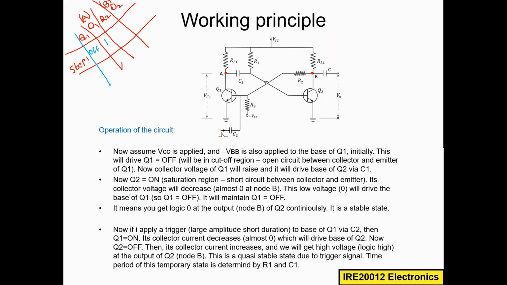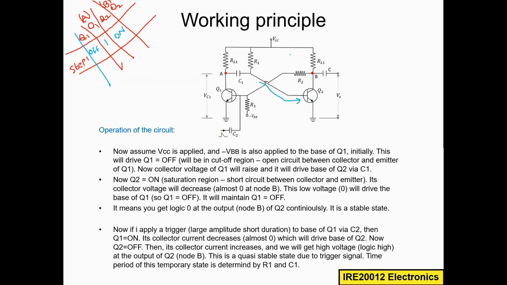So now let us say this is charged. Then what will happen? This is logic 1, and this logic 1 will drive the base of Q2. If we give the high voltage to the base, then this transistor will be on. So Q2 will be on. If Q2 is on, there is a short circuit.